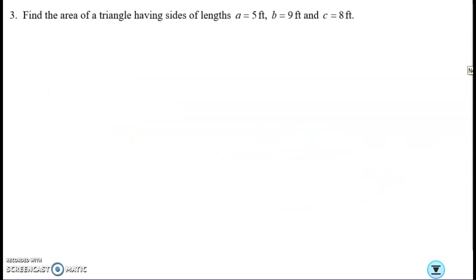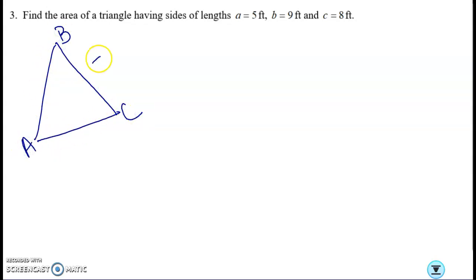Next, we have a triangle to find the area of, and this time they gave us a side situation. So we know A, we know B, and we know C. So we have to find one of the angles. I'm just going to go with angle A, because we have side side side, using our law of cosines.